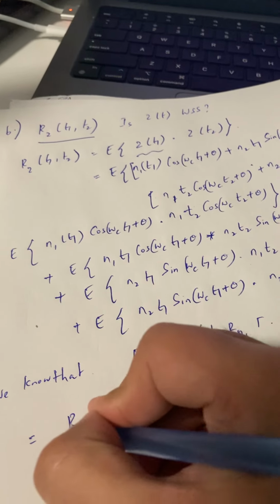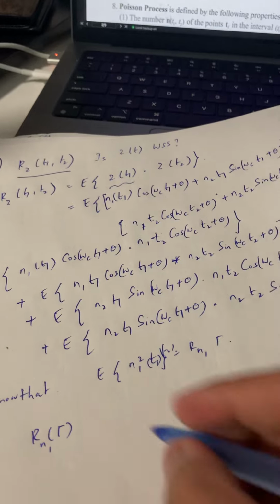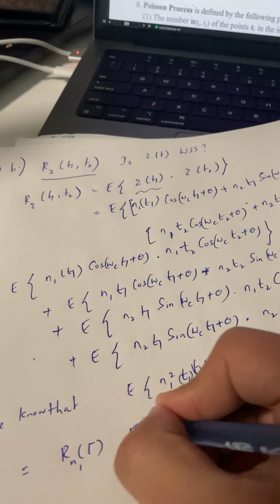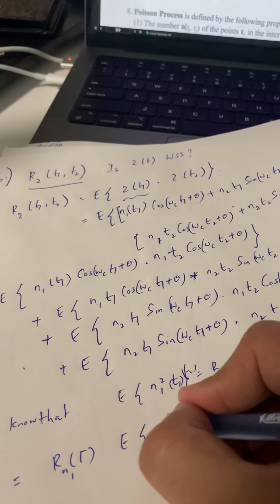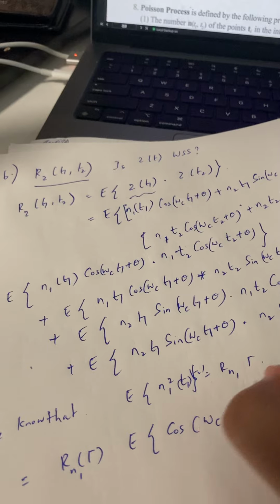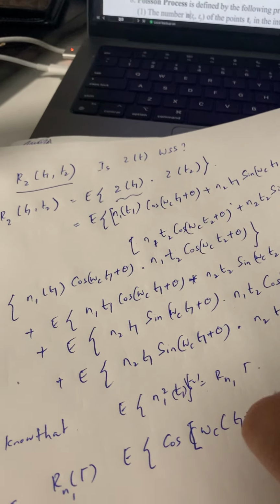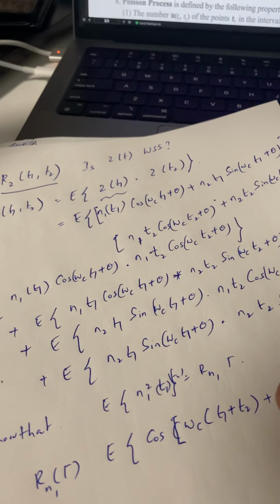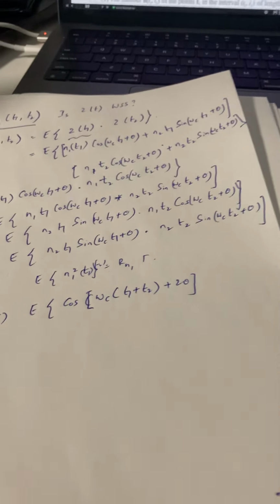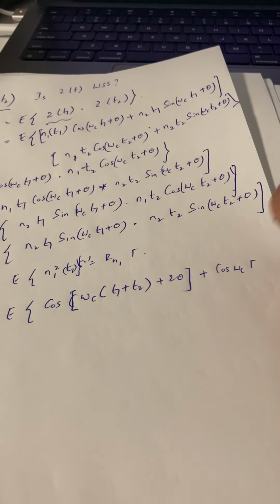So this becomes Rn1 of tau into the expected value of cos of omega c t1 plus t2 plus 2 theta, plus another term, cos of omega c tau.